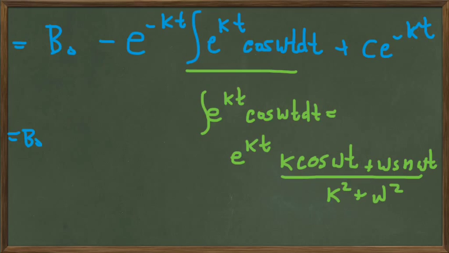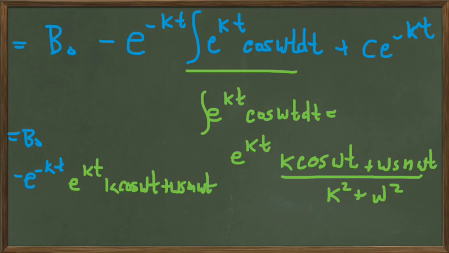So the b0 stays the same, minus e to the minus kt, and that is multiplied by, according to our formula, e to the kt times k cosine omega t plus omega sine omega t, all divided by k squared plus omega squared.